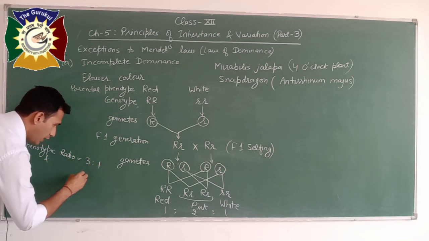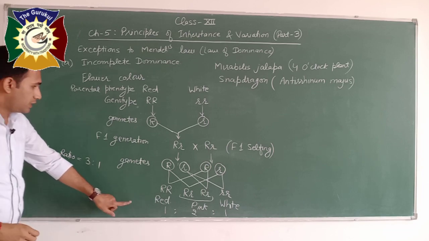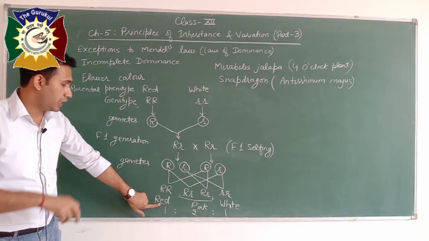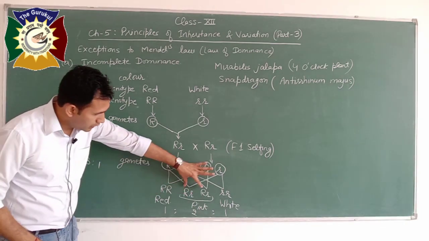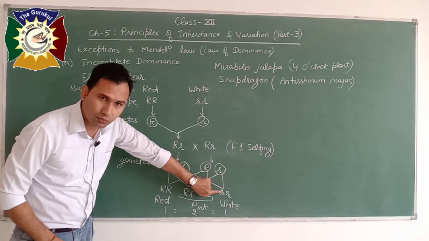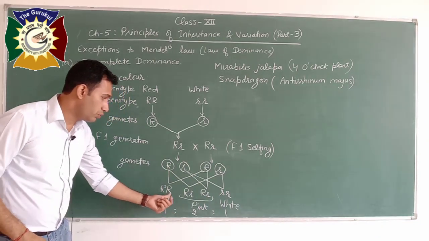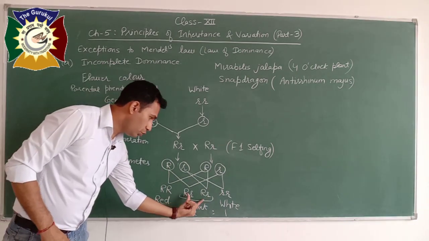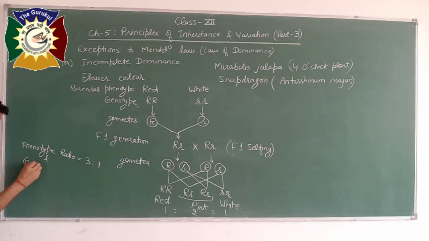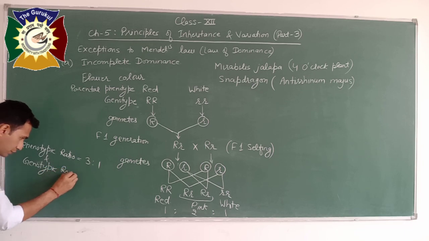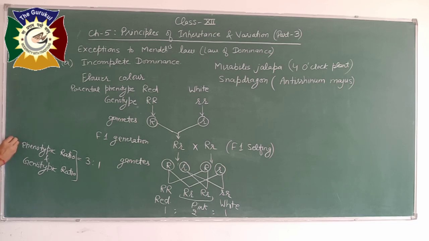Now count genotypic. These are of one type, these two are of one type, this is of one type. So the genotypic ratio will also be 1:2:1. So in this case, the phenotypic and genotypic ratio are the same, 1:2:1, and this is the F2 phenotypic ratio.